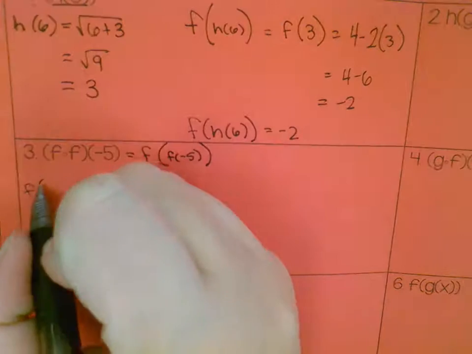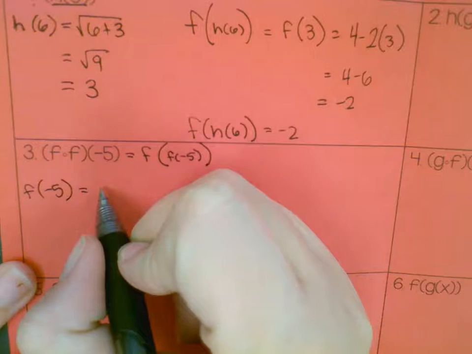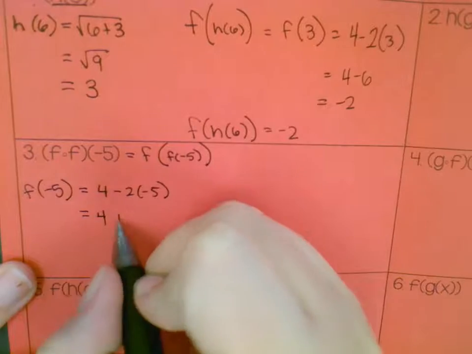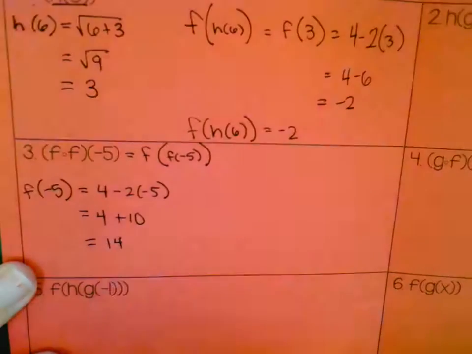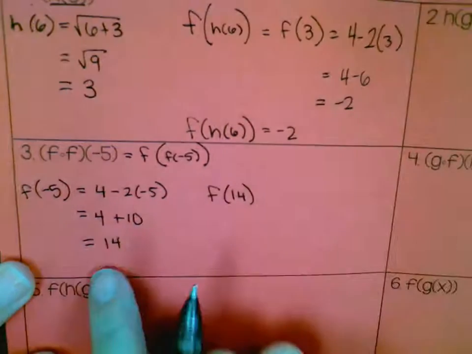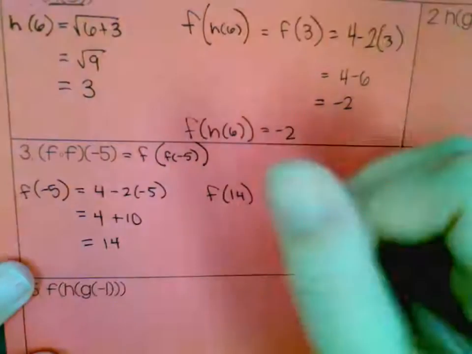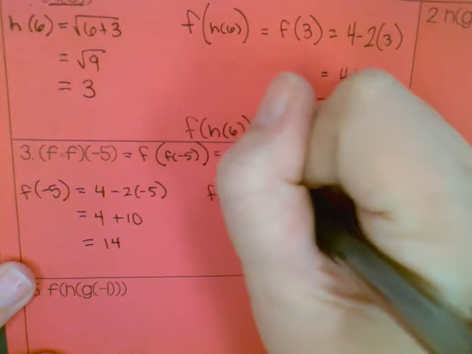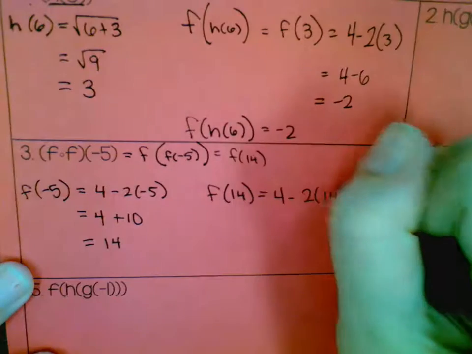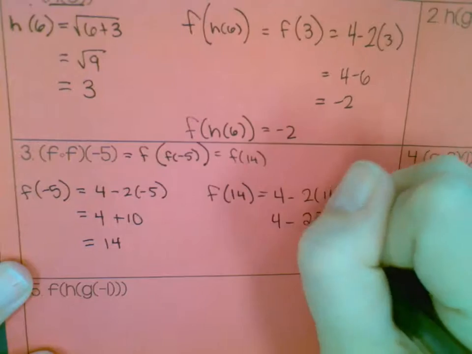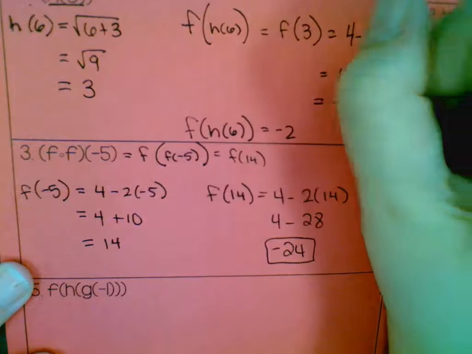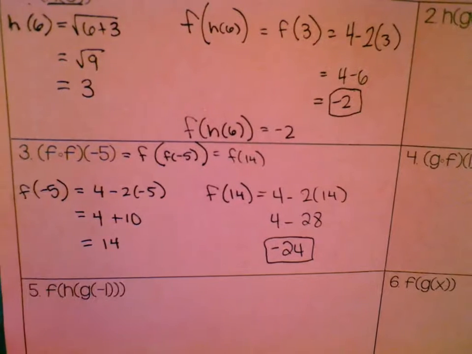So f of negative 5 is 4 minus 2 times negative 5, so 4 plus 10, which is 14. Now we'll do f of 14, because we're plugging this into here. 4 minus 2 times 14, so negative 24. And that's really it, okay?